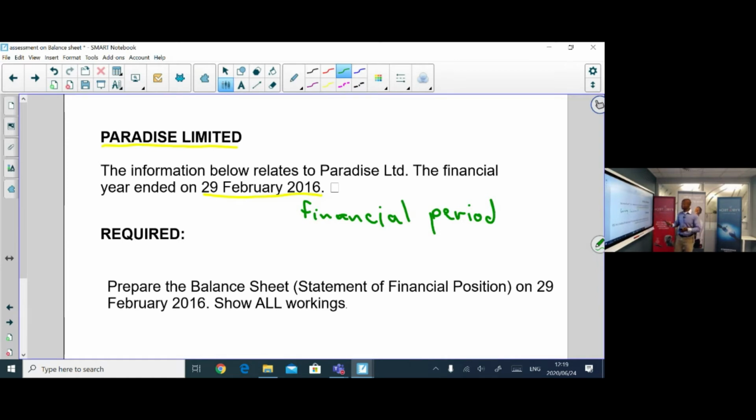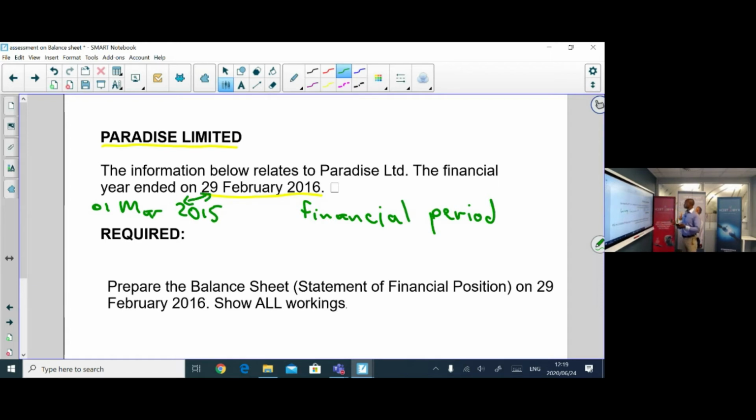So that means our financial year started on 1 March 2015. This is really important.